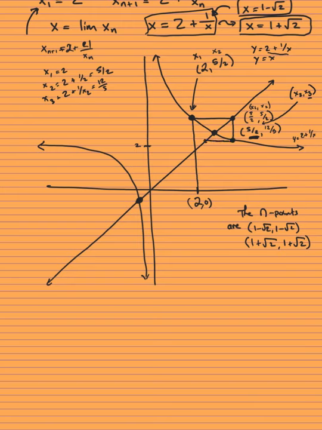So I go over here to the y equals x graph. That gives me x3, x3. I go over here. This is x3, x4, x4, x4, and so on. What I'm going to end up getting, as the picture hopefully shows, is that this convergence spirals until I get exactly to the point where these graphs intersect.